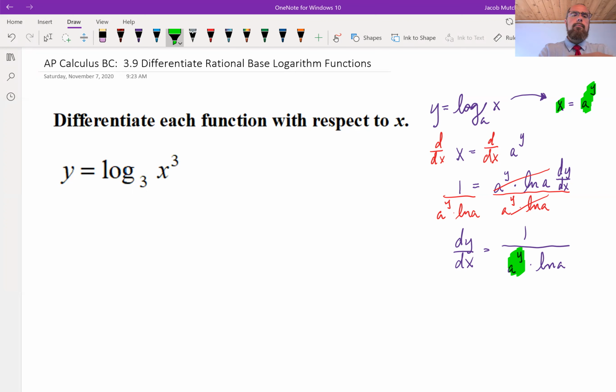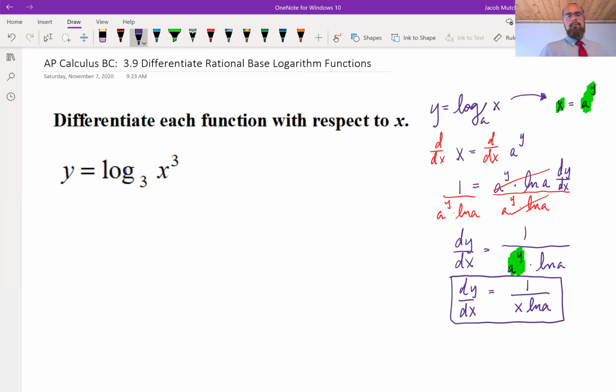So this becomes 1 over x times the natural logarithm of a. And that is the rule that we can use here when we're going to take the derivative of a function like y equals log base 3 of x cubed.